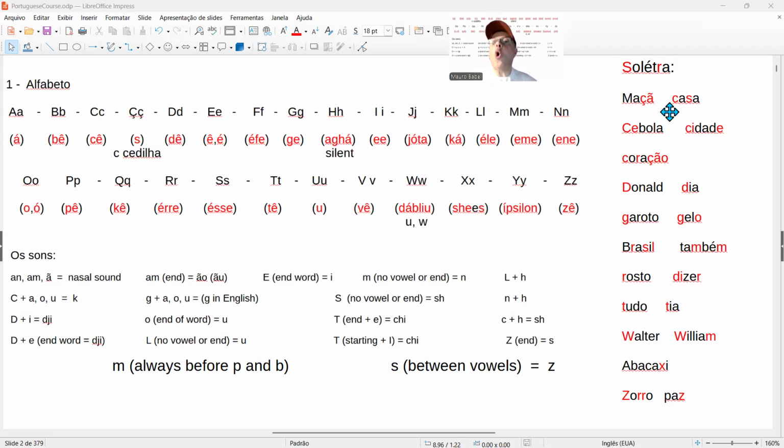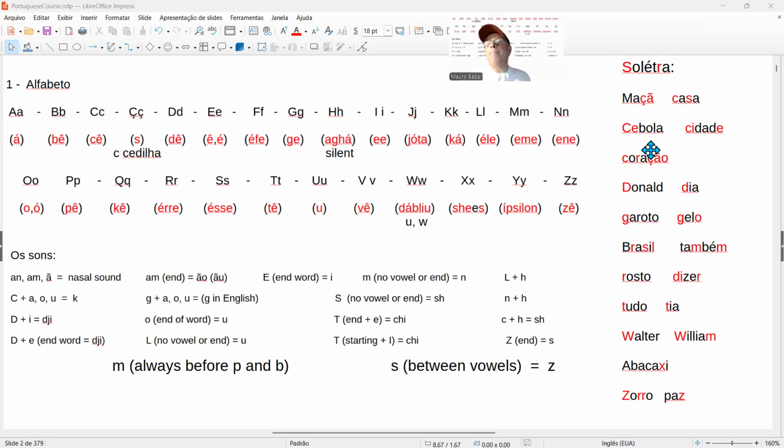Casa, cobertor, cunhado. But if it's followed by E or I, right? C, E. It sounds like S, not K.